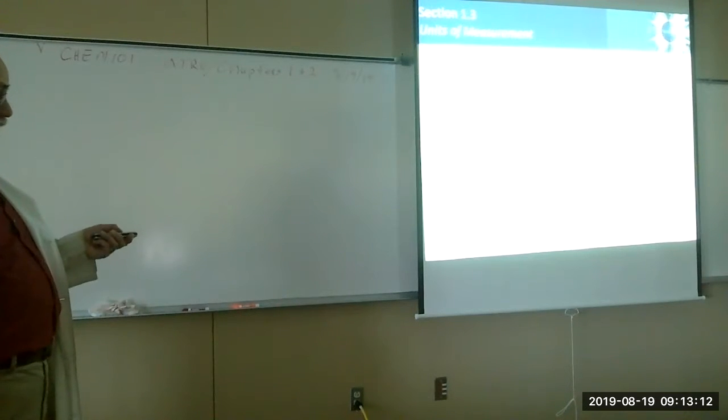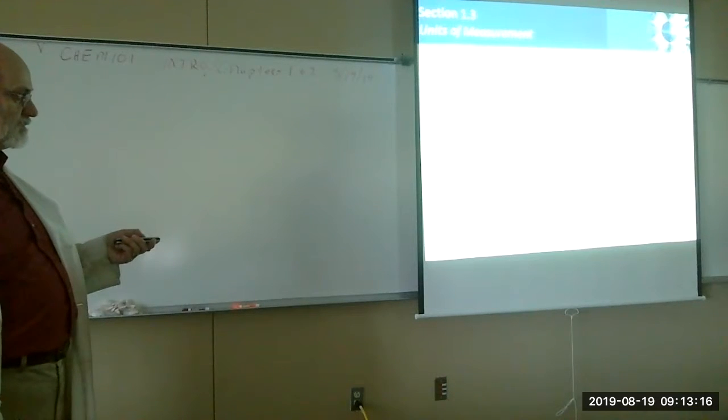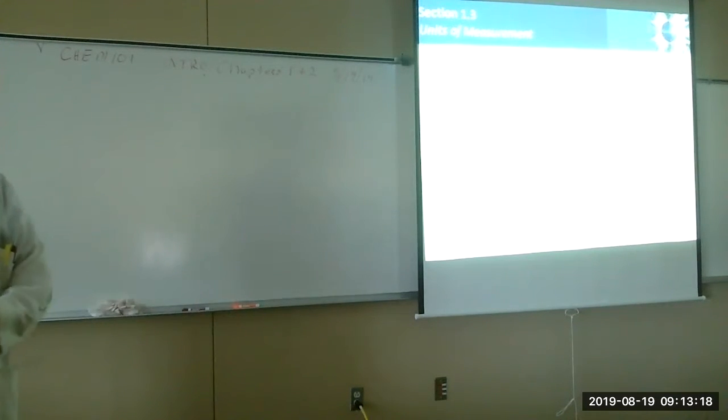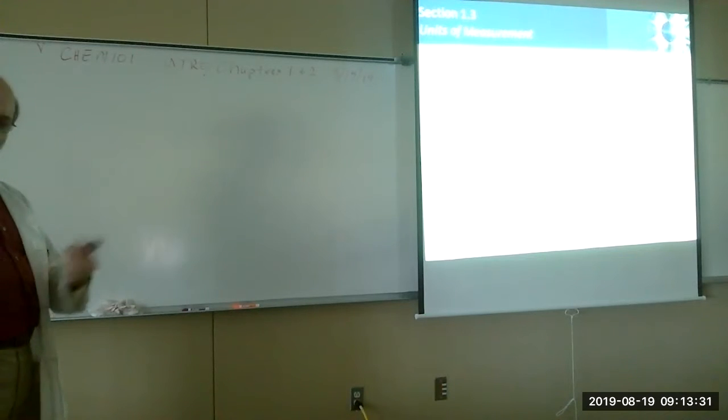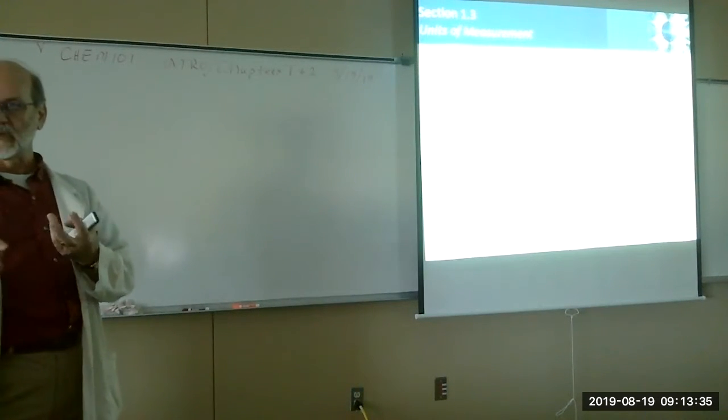The mole, we'll talk about this one in more detail too, but the mole is defined. A mole is just a number of things, a large number of things. 6.022 times 10 to the 23rd things is a mole. For chemistry, it could be atoms, ions, or molecules.